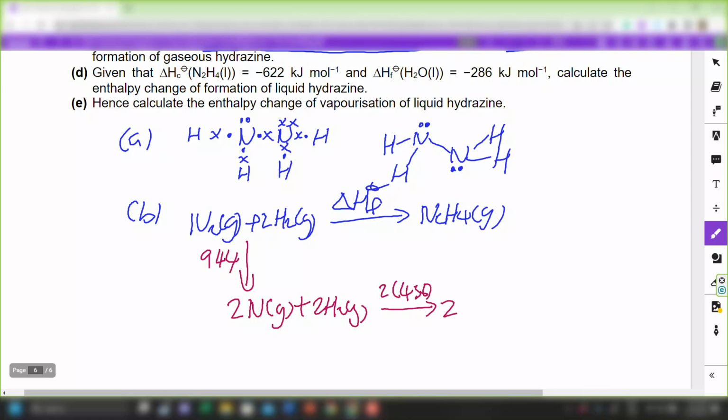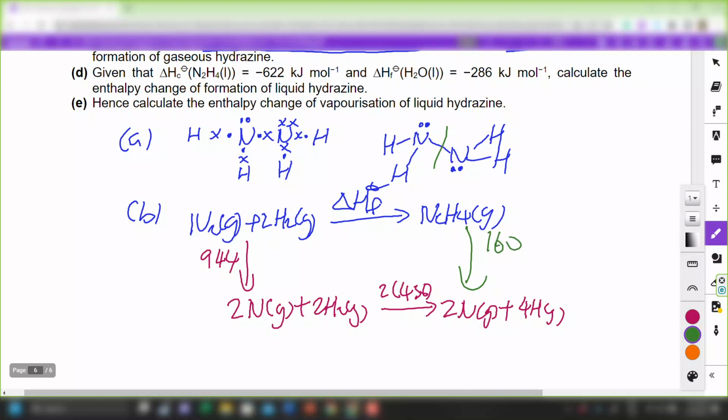So I'm going to end up with 2N gaseous plus 4H gaseous. And then I'm going to calculate the number of N-N bonds I'm going to break. So that's 1, so that's 160, and the number of N-H bonds, 1, 2, 3, 4, that's 4 multiplied by 390. I'm going to use the same logic, go like this.